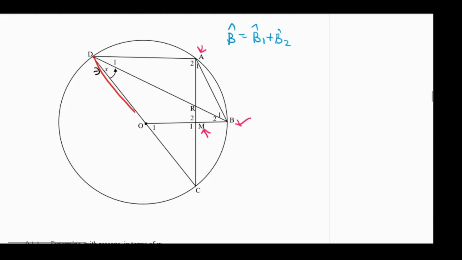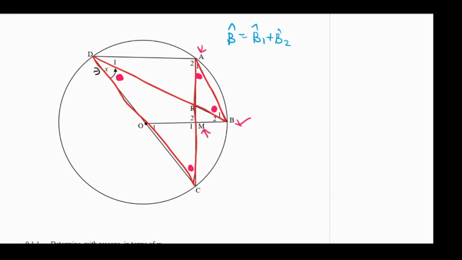I'm just going to draw a line so that you can visibly see when I solve this problem. I hope you can see this theorem. This is angles on the same segment, meaning this angle here is equal to this angle here, and this angle here is equal to this angle here.